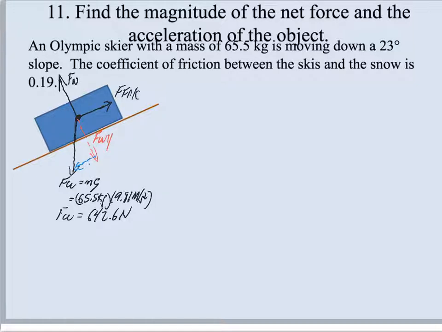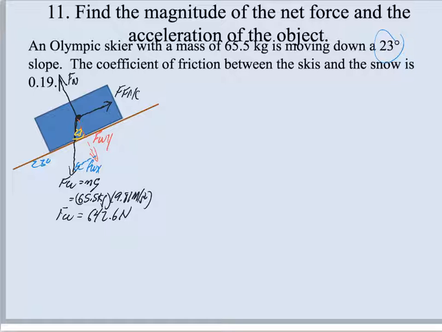And this one is FWX. And we said it was a 30-degree angle earlier, or excuse me, 23-degree angle. So that's 23 degrees right there, which means that our angle right here is 23 degrees right there.